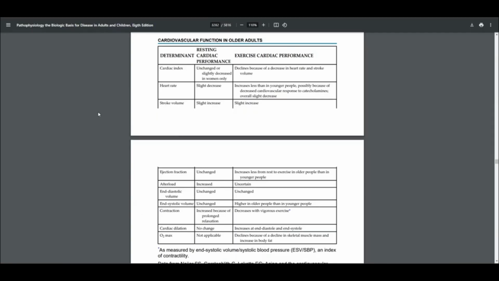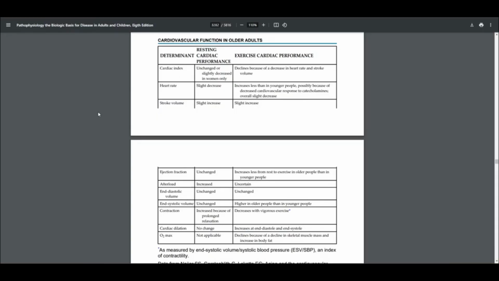Your stroke volume at resting cardiac performance has a slight increase, and the exercise cardiac performance also has a slight increase. Your ejection fraction during the resting period stays unchanged but has a slight increase during cardiac performance. It increases less from rest to exercise in older people than in younger people.